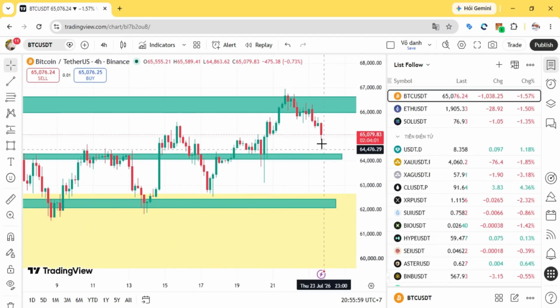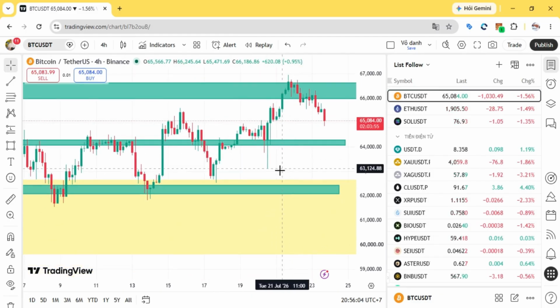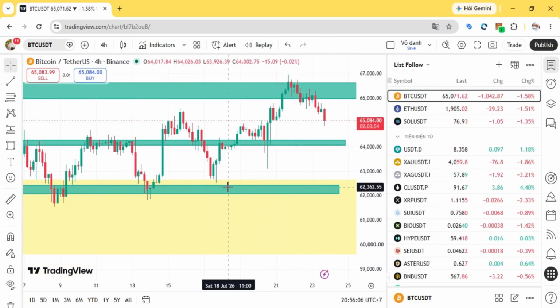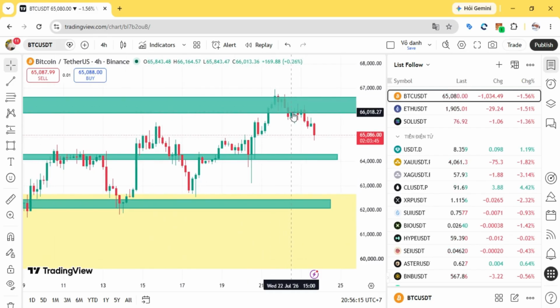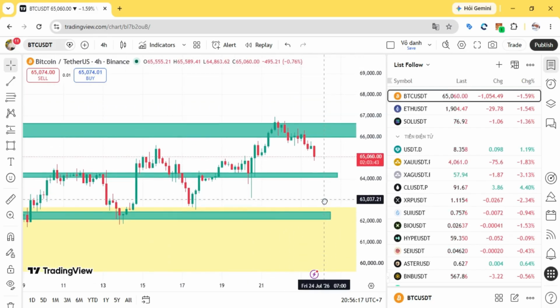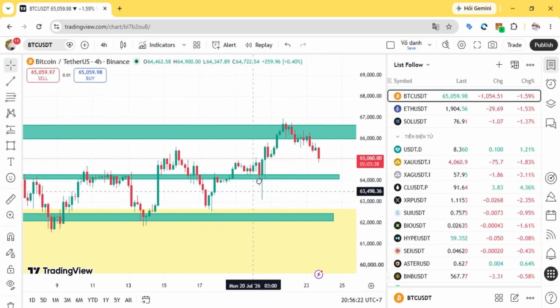And at that point, we will look for reversal candlestick patterns at the support zones to go long. Remember, at the support zone, we should only go long when a reversal candlestick pattern forms. The more patterns, the better. And it's the same at the resistance zone. Only when more reversal candlestick patterns form should we go short. And we set our stop loss a bit above for shorts and a bit below for longs, right?